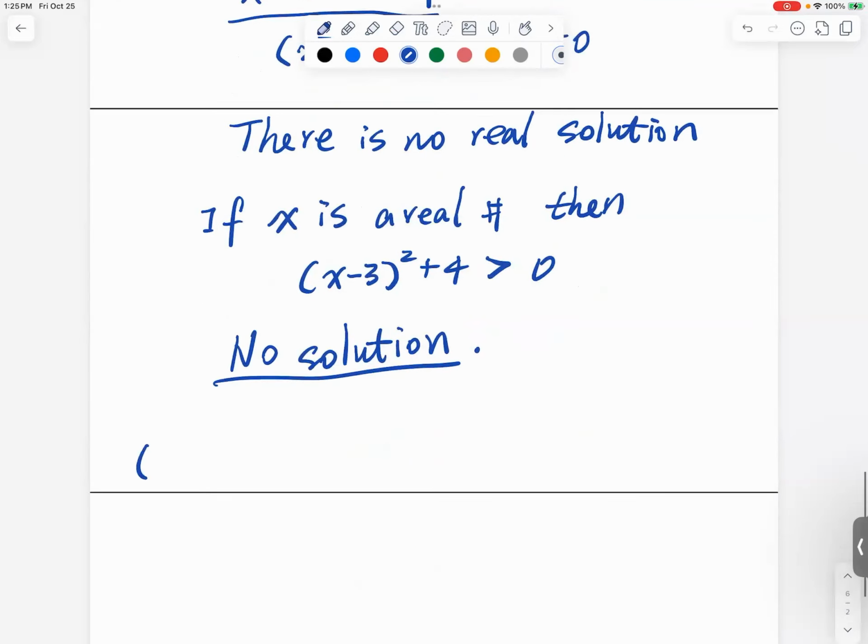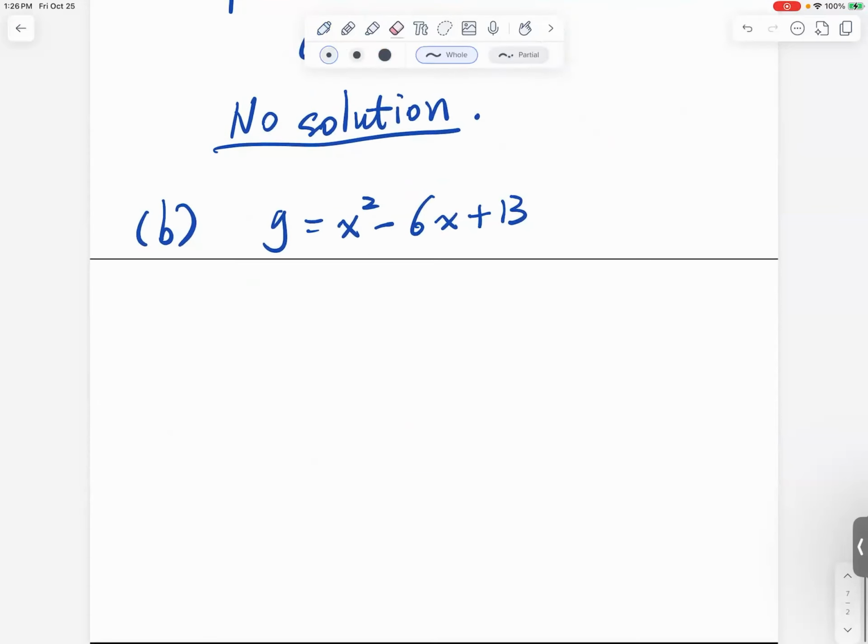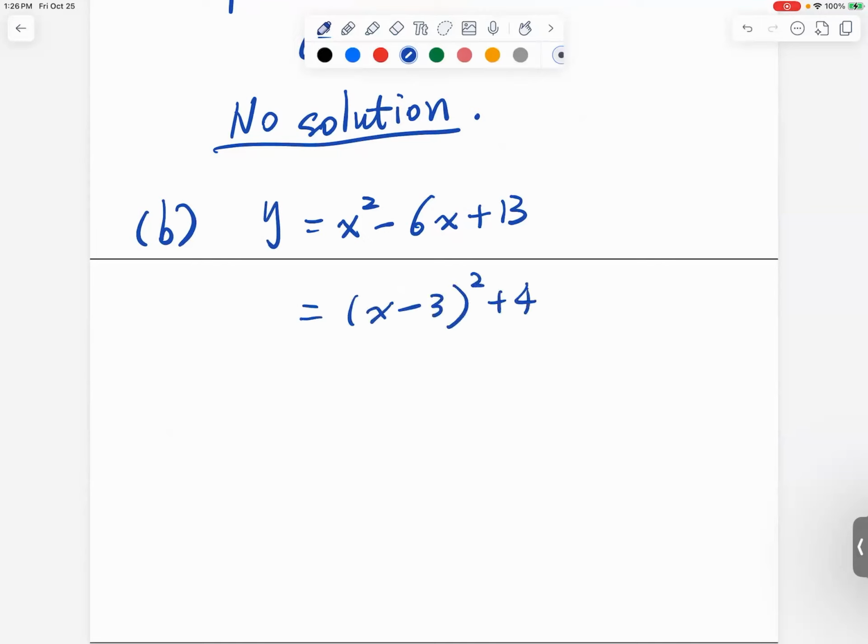Second, B. Graph the equation y equals x squared minus 6x plus 13. How do we graph this equation? Again, you can complete the square, right? Then the graph just looks like this.